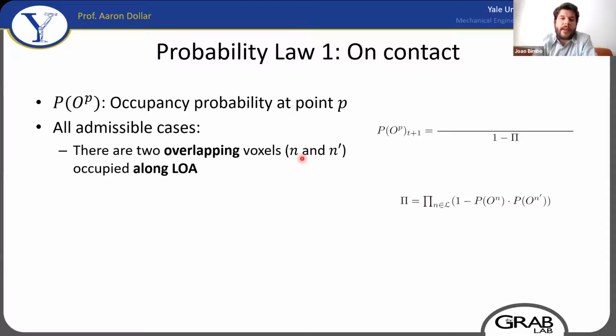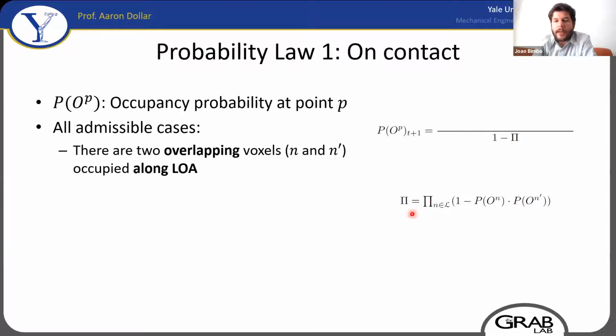You can think N is a point in the environment, N prime is that coincident point expressed on the map of the object, or vice versa. It doesn't matter. This is what we do in one, we do in the other. So there's got to be two overlapping voxels there that are both occupied along that line.